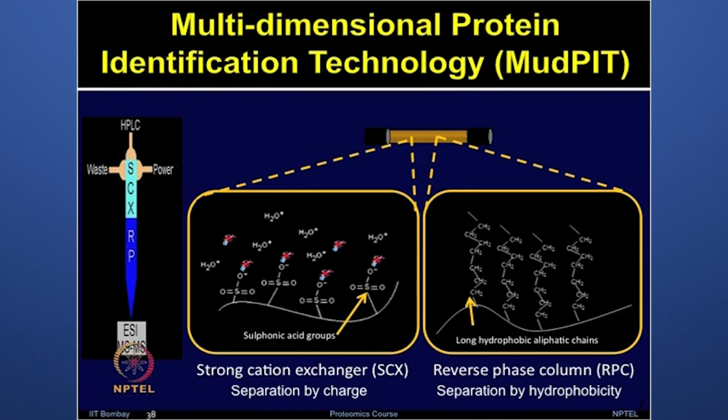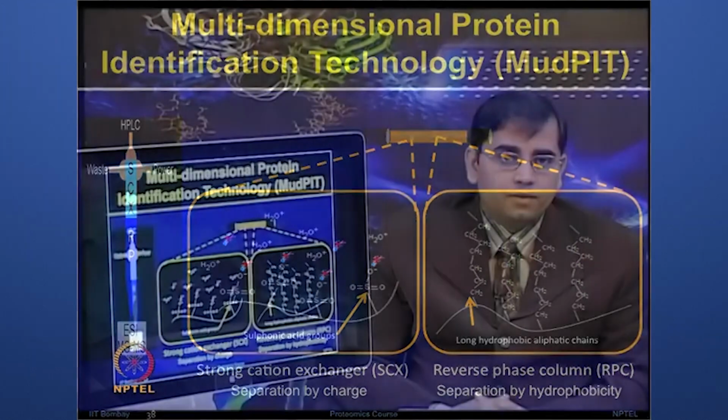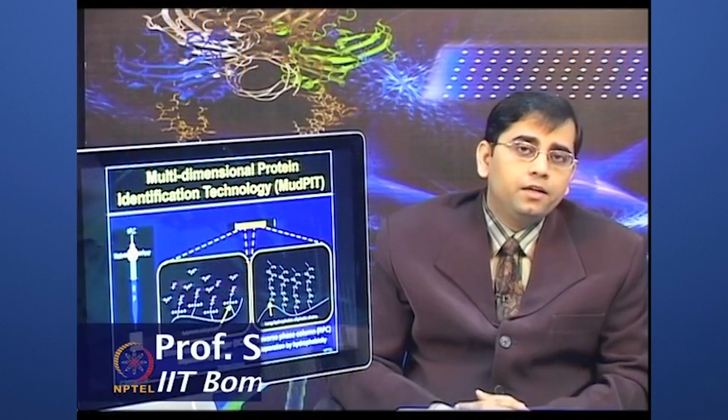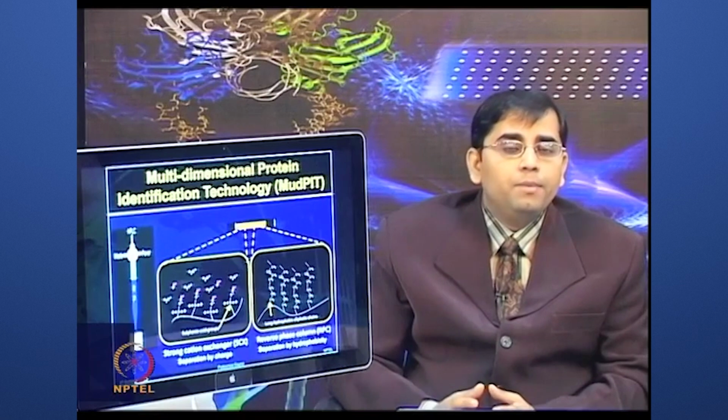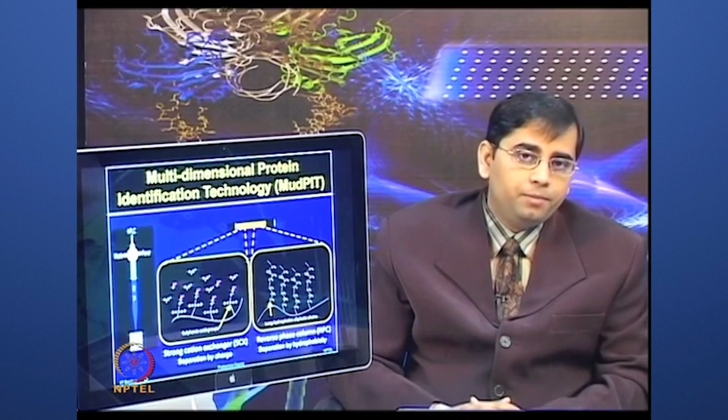The strong cation exchange can be used offline, and then each fraction can be analyzed by reverse phase HPLC followed by mass spectrometry. Alternatively, both reverse phase and strong cation exchange resins can be packed into a single column, and by introducing buffers in series, the multidimensional separation can be achieved.